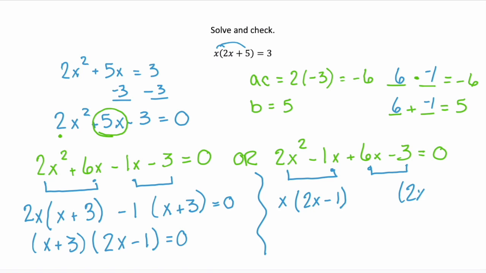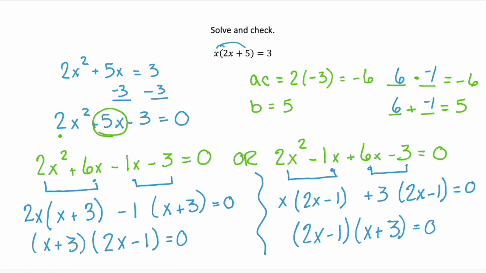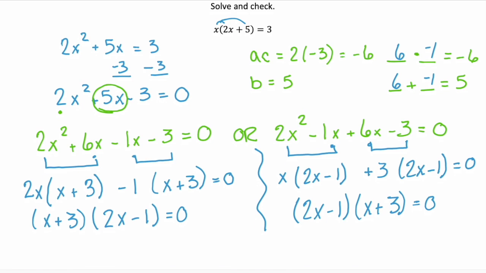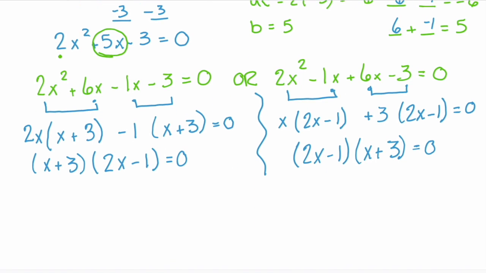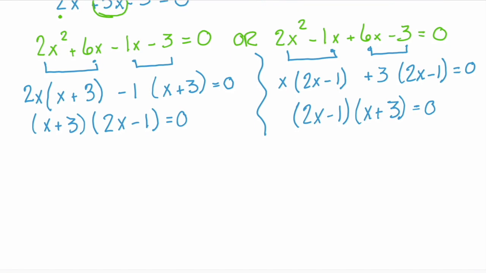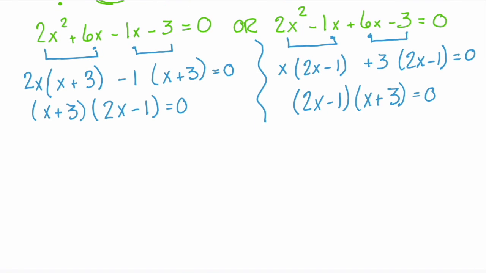And our second grouping, we need to have the binomial 2x minus 1, and to do that, we have to factor out a positive 3. And then, when you factor out the binomial they have in common, 2x minus 1, you have the remaining binomial of x plus 3. So notice that both of our factors are the same. So they both have the same two binomials.